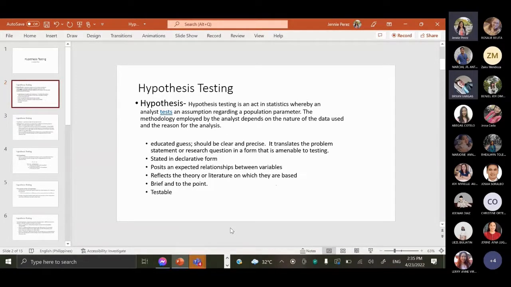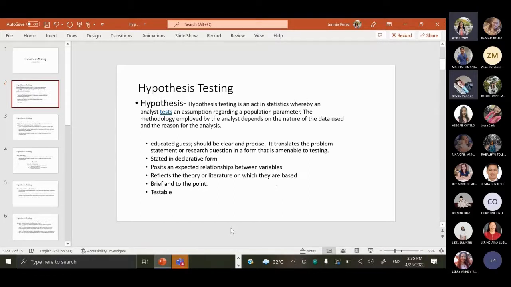So the kind of statistical test that we use depends on what type of data we are processing. Say, for example, are the variables measured in the interval or ratio scale, or measured at the ordinal scale or nominal scale?